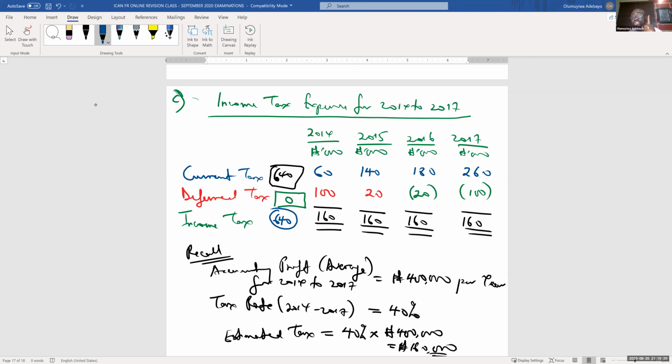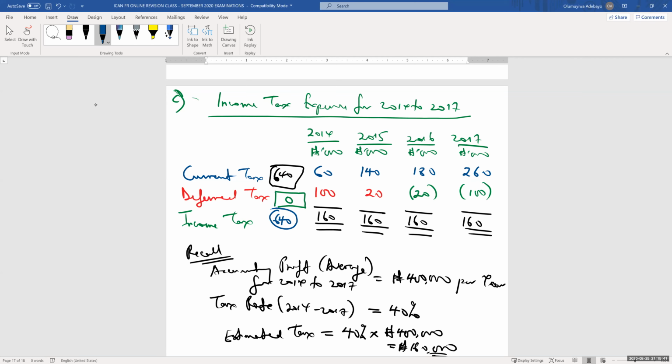So that in year 2, even when my profit remains the same, the law is now changing to say I should pay 140 on the same level of profit, and the tax rate has not changed. But that 140 is higher than 60 because the law is now recovering back its money.